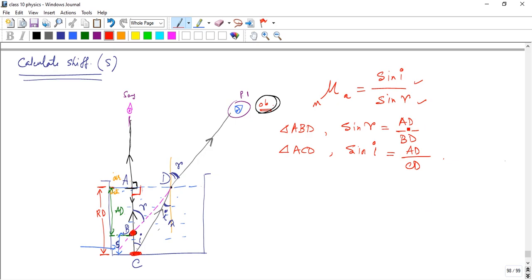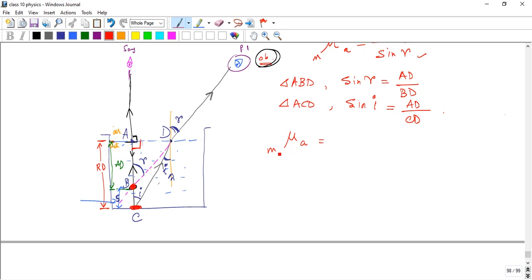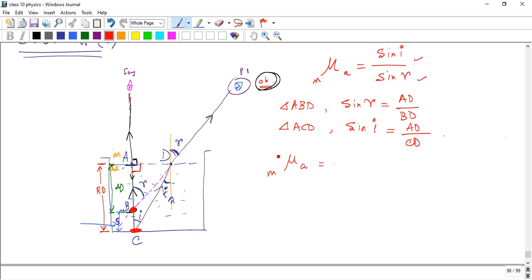Now these two values put here. Mu medium to air, A to M, sine I by sine R. So sine I is AD by CD, and sine R is AD by BD. So reciprocal of BD by AD. So we cancel.